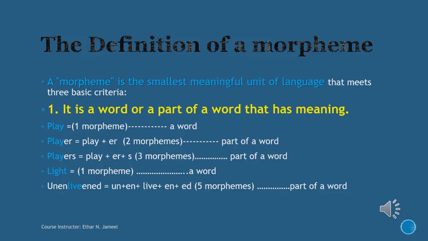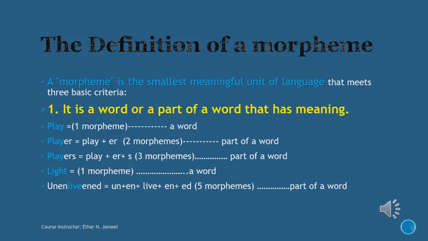Consider the word smallest. Nothing is smaller than the morpheme in language. But what about the phoneme? Remember the word phoneme? Phoneme means sound. The sound is the smallest unit of a language.